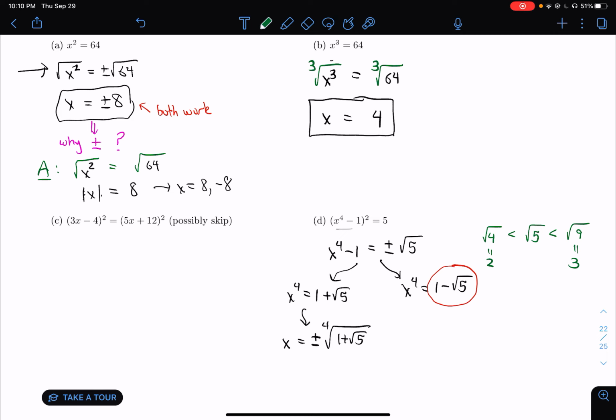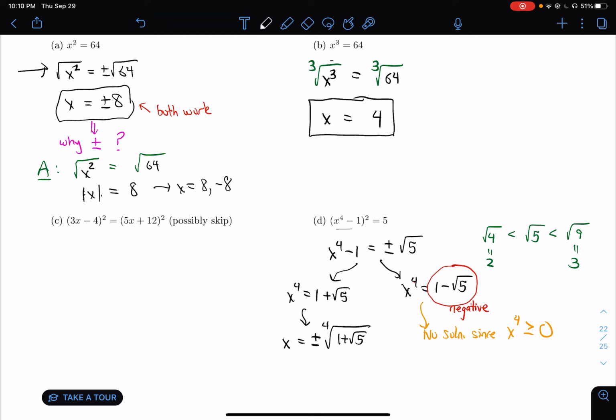So square root of 5 is like 2 point something. And if I do 1 minus 2 point something, that's going to be a negative number. So I have x to the 4 equals a negative number, but that's going to have no solution, since if I have an even power, if I have x to the 4, that's got to be greater than or equal to 0. That's got to be non-negative. So there's no way it can be equal to a negative value. We had to be a little careful there.